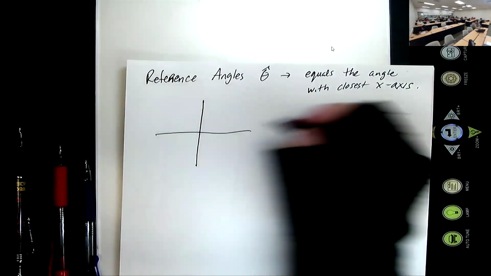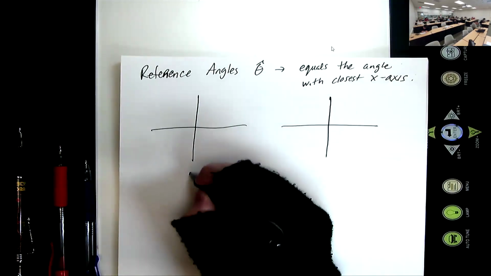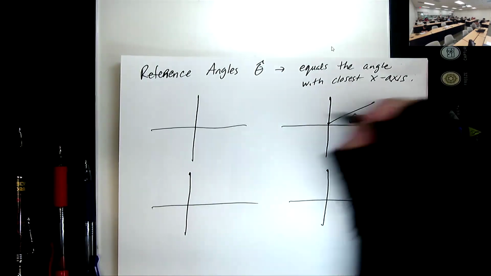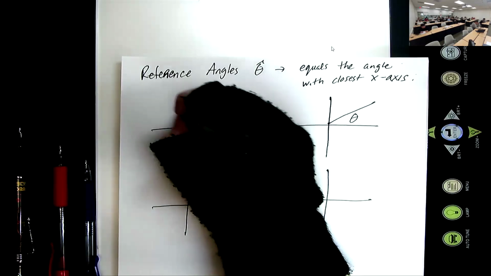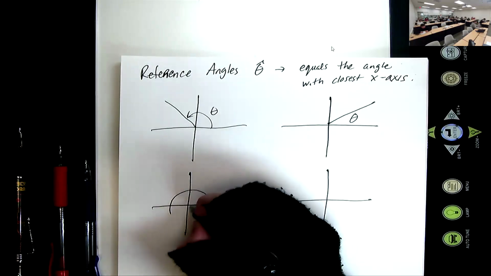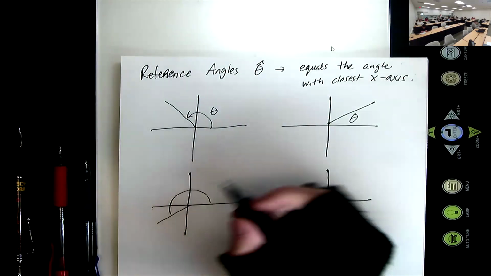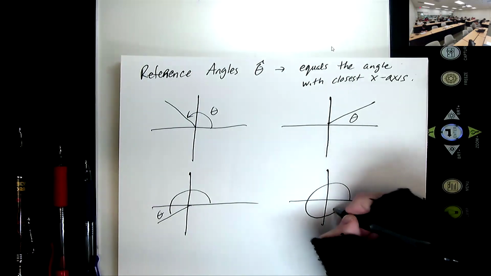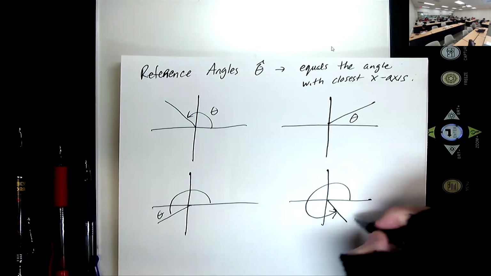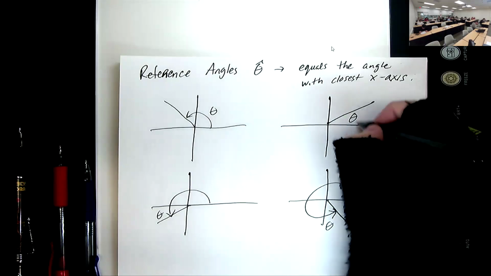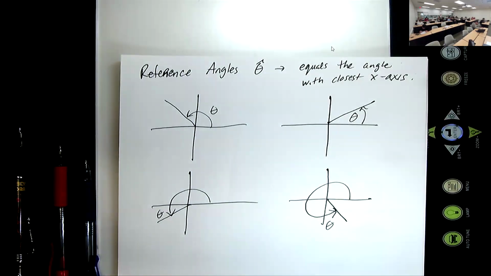So let's look at angles in each quadrant. When we do angles going all the way around, that's our regular theta.